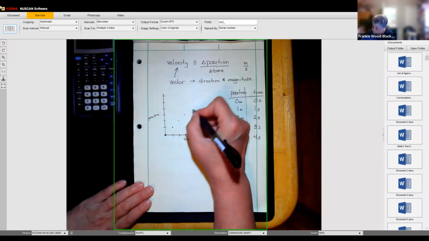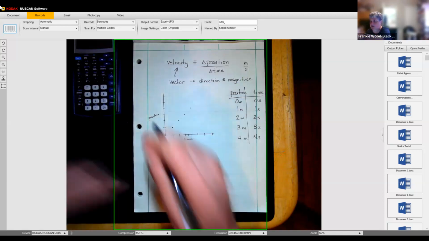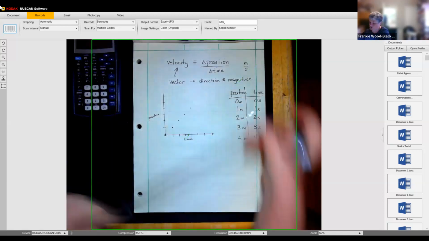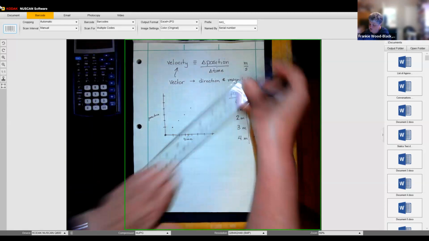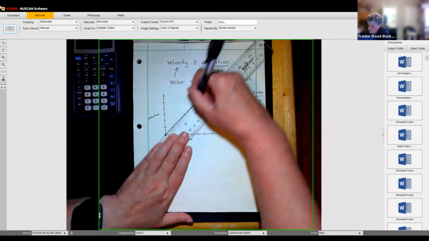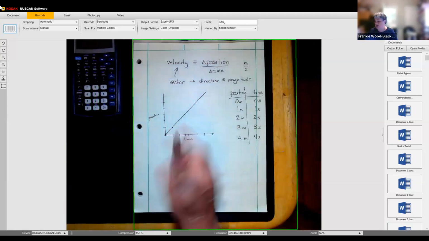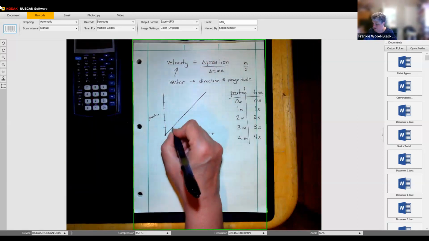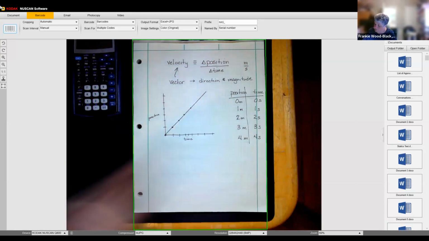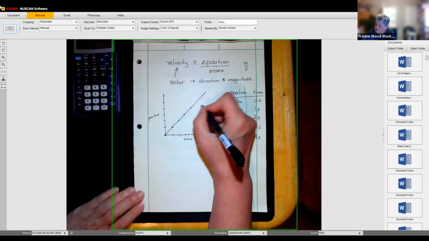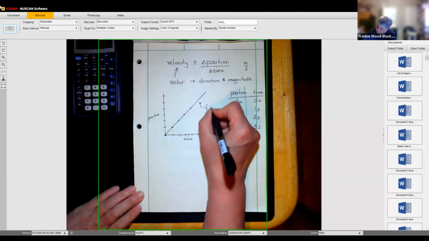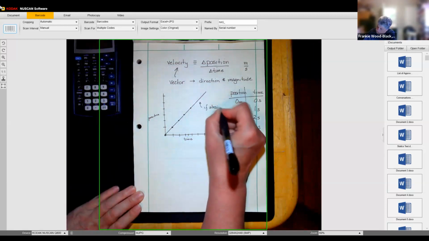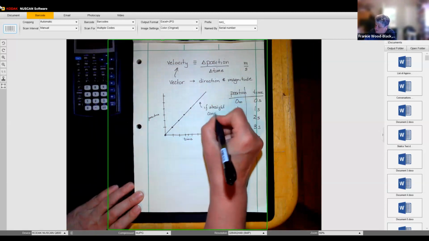And as you might expect, I've got a nice straight line. So I'm going to use my nice ruler, and I got a nice straight line here. Now, if I have a straight line, it's going to tell me something. This tells me if it's straight, one thing I know is that I have a constant velocity.